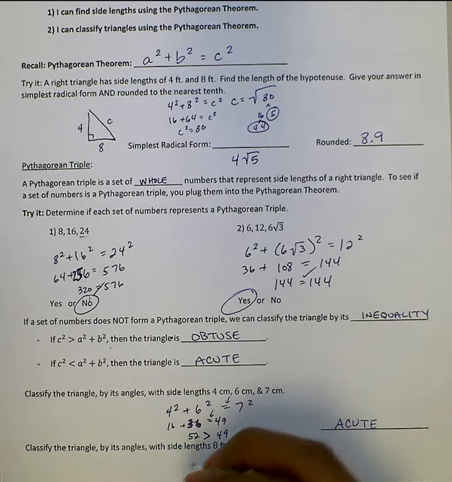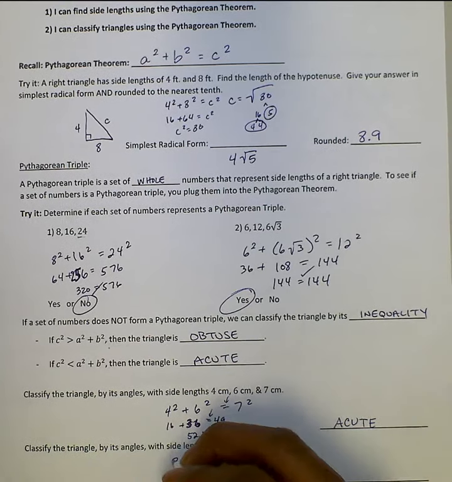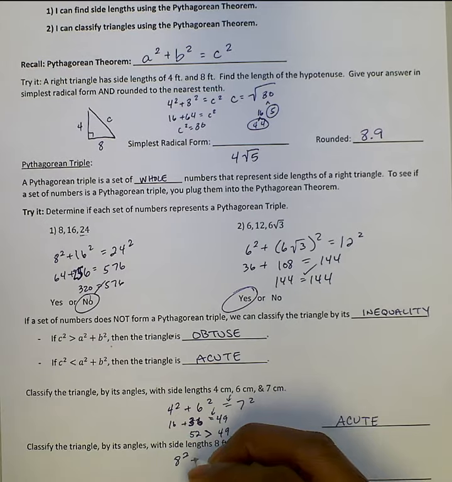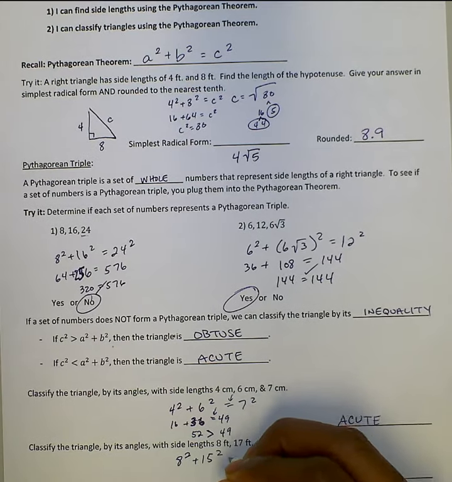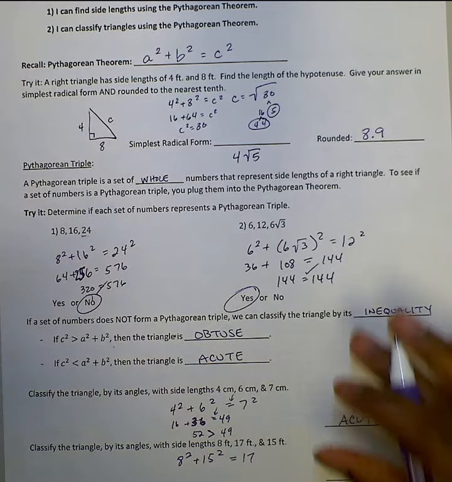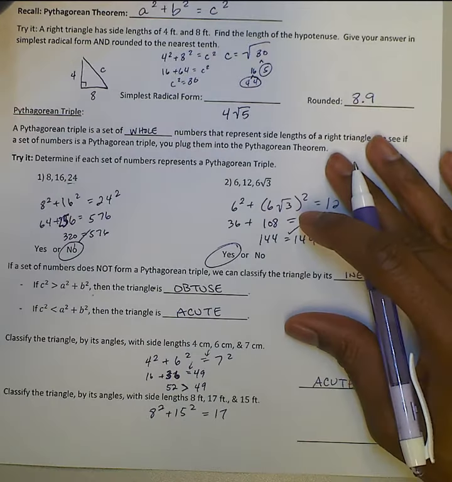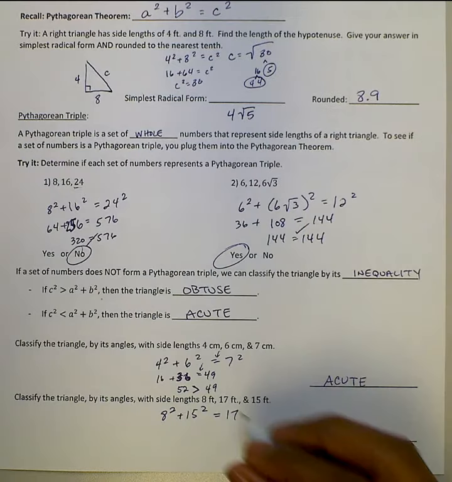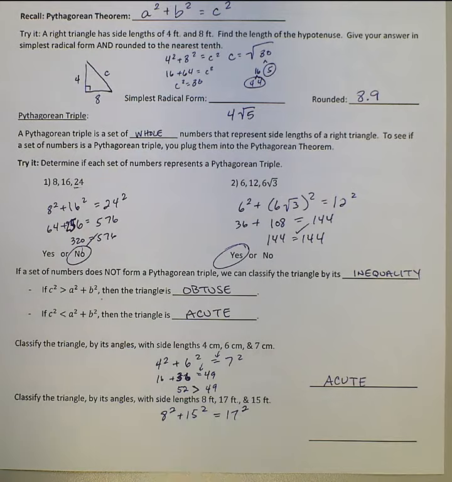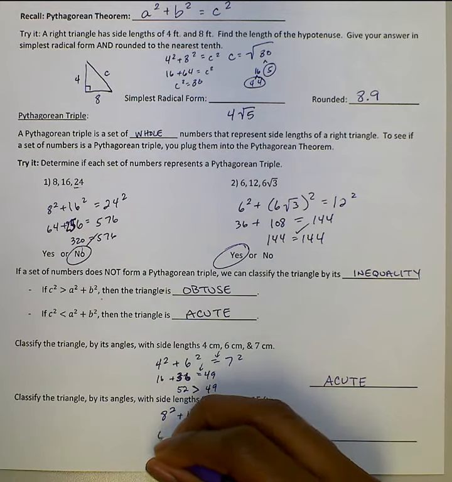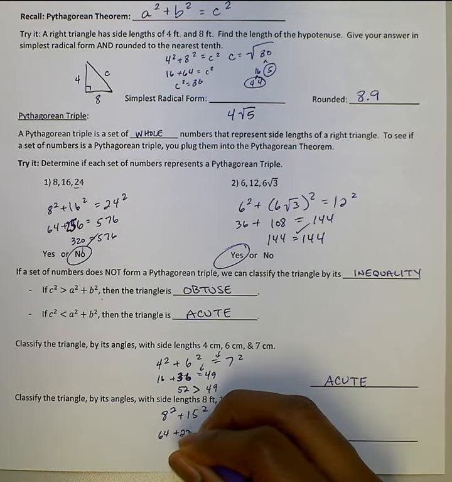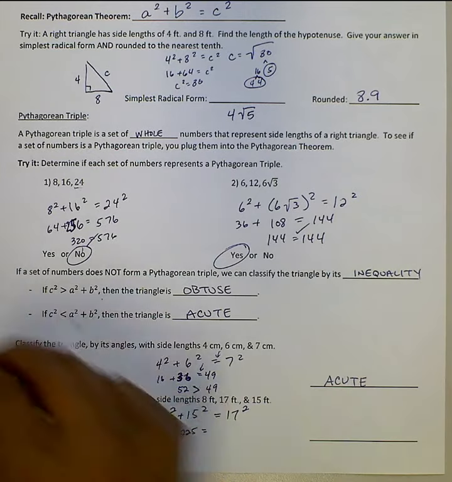We have 8 squared. They try to trick us a little bit by putting it out of order, but we're going to make sure that we pay attention to the fact that the largest side has to be by itself. So 64 plus 225 equals, what was that?